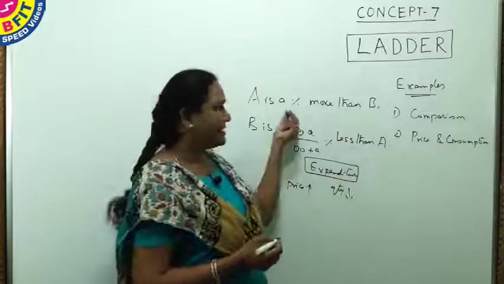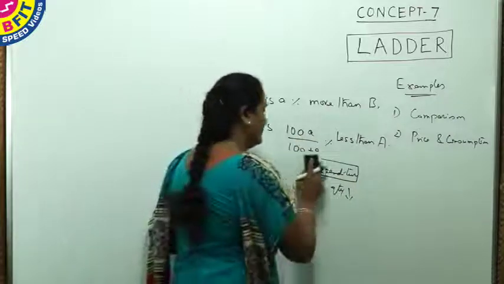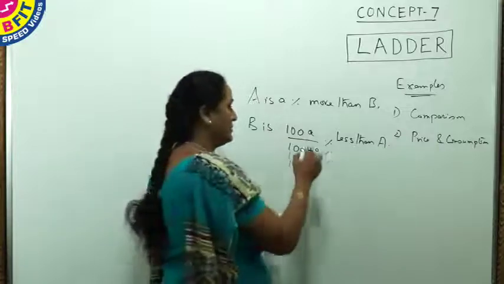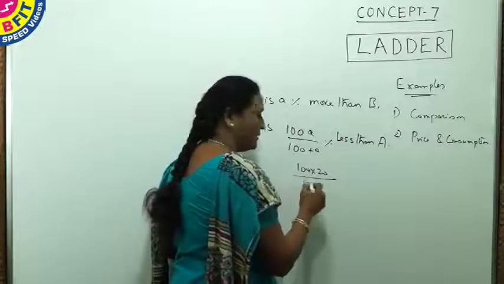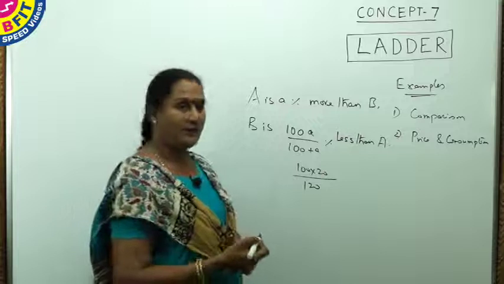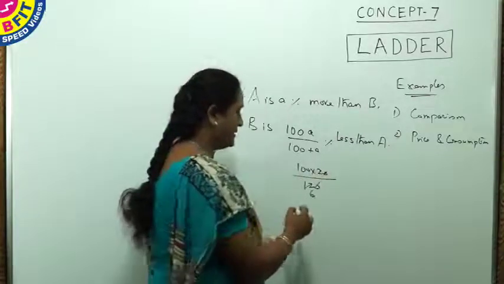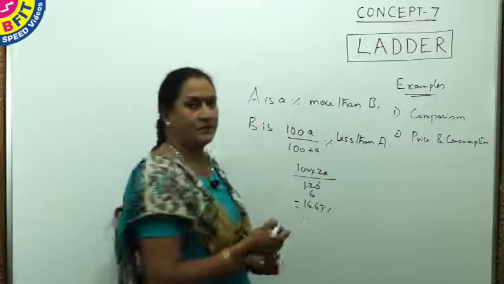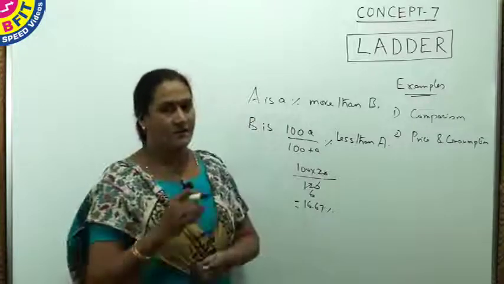So if price increases by 20%, by what percent should the consumption be decreased? It is 100 into 20 by 100 plus 20. Now what will be the percentage we should decrease our consumption when price increases? It is 100 by 6 or 16.67%. So consumption should be decreased by 16.67%.